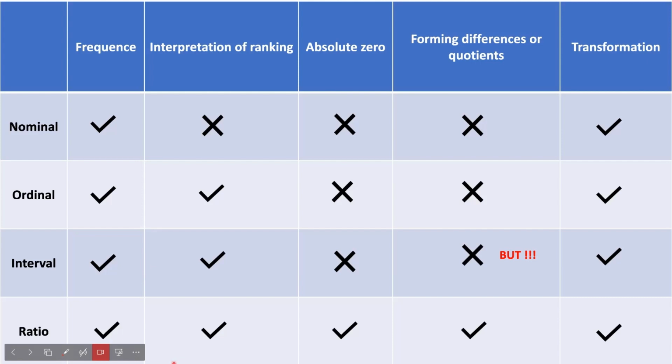And why do we need scales? Well, there are different types of variables, such as gender, age, intelligence, salary, or diagnosis as categories.